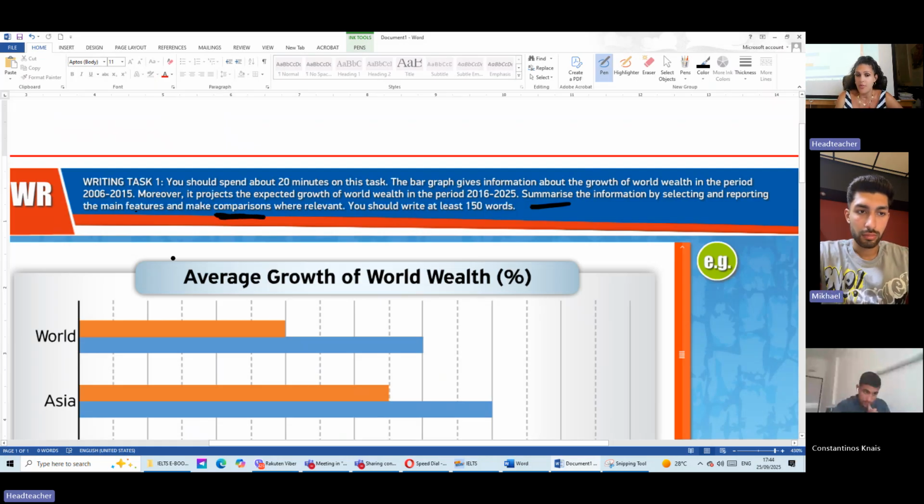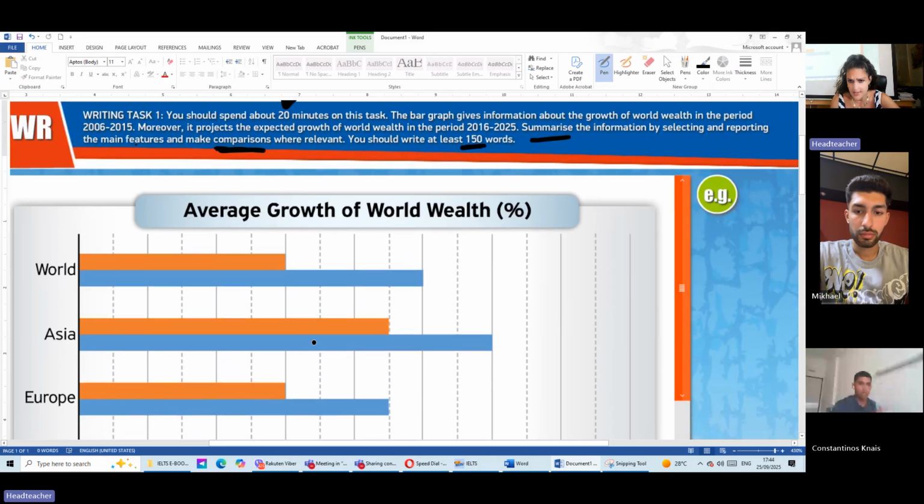Whenever we can compare things, we should do that. Not just describe, but compare as well. Compare and contrast. We should write at least this number of words, but if we exceed it, it's not the end of the world. But we should make sure we don't exceed the time so that we can finish the other tasks of the test.